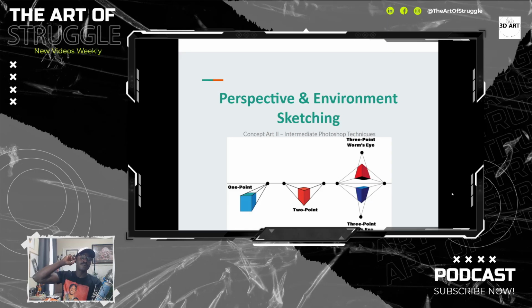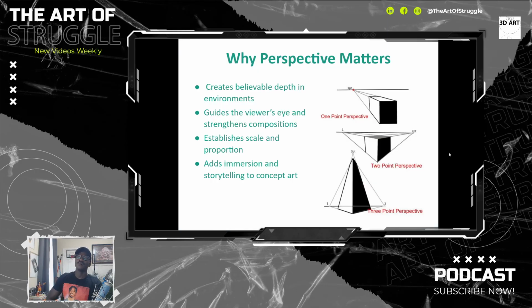So when we talk about perspective drawing, perspective painting, we're talking about how our eyes generally work, right? That's the big thing about perspective, it helps create believable depth inside of environments.